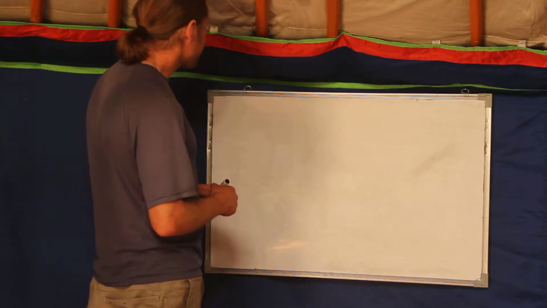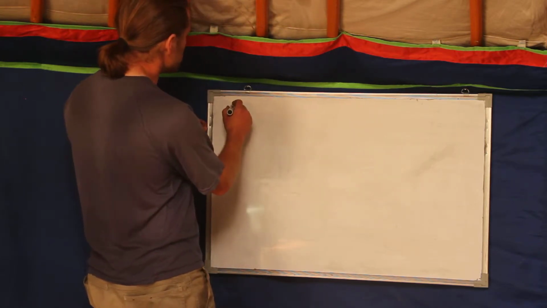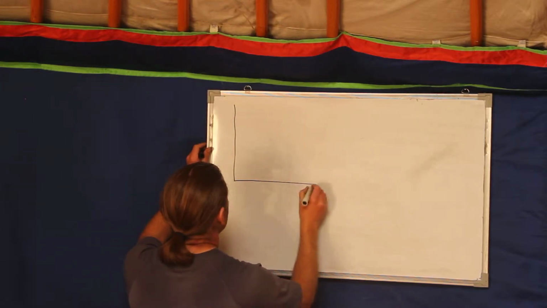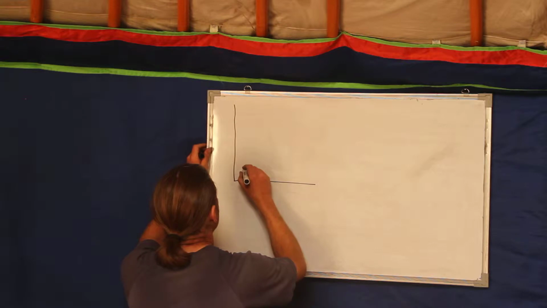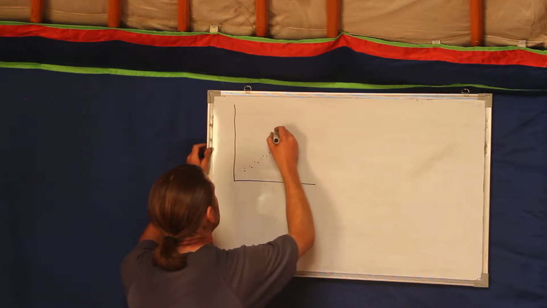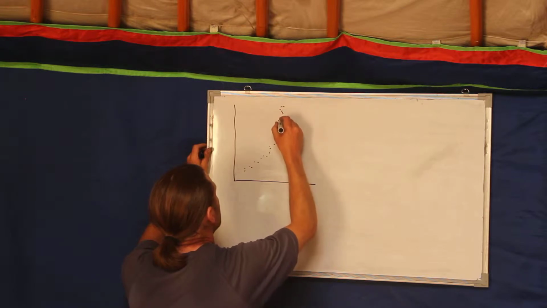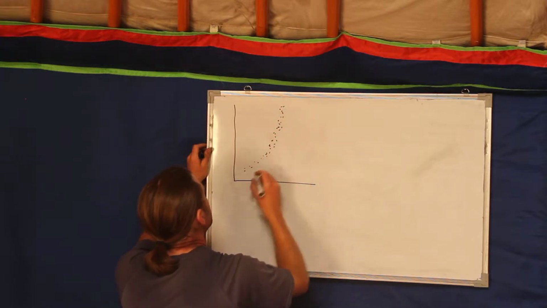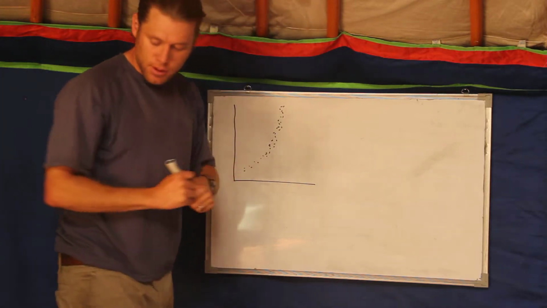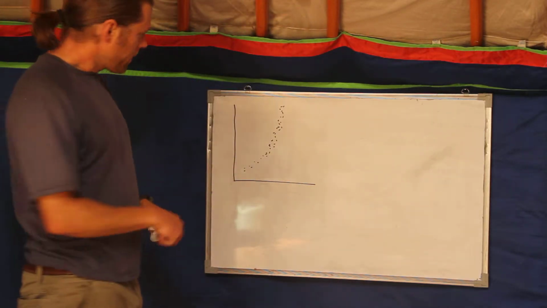Let's say that you have a relationship that goes something like this. Let's say that you find points that fit something like that. So the line that best fits these data is not a line at all, in fact, it's a curve, right?